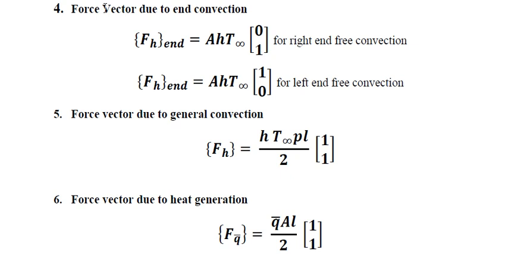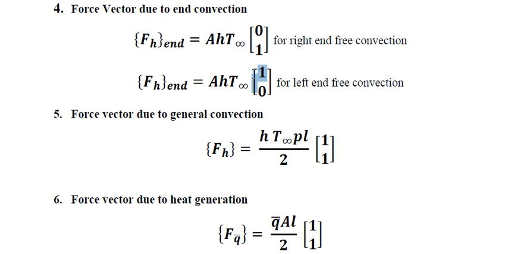So force vectors are also of three types. There are three types of force vector in composite walls. The one force vector is due to end convection. It depends on A, the cross sectional area, into convective heat transfer coefficient into the surrounding temperature T infinity into [0 1] if right end is having free end convection.